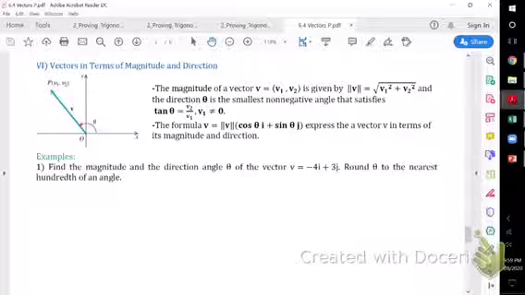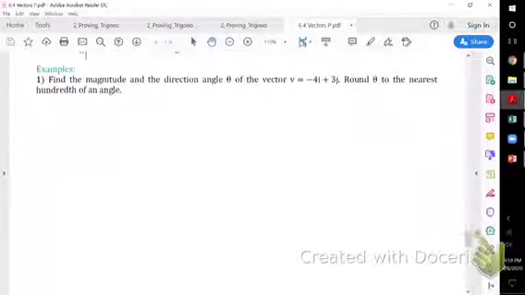Alright, so let's try this in example 1. It says find the magnitude and the direction angle theta of the vector v is equal to negative 4i plus 3j. Round theta to the nearest hundredth of a degree. Alright, so first let's find the magnitude. So we're after the magnitude of v, and it's just like what we did before.